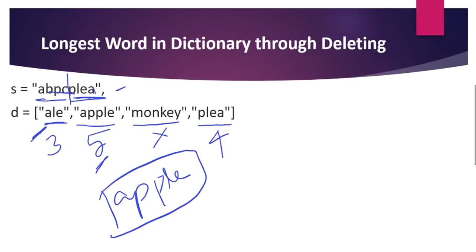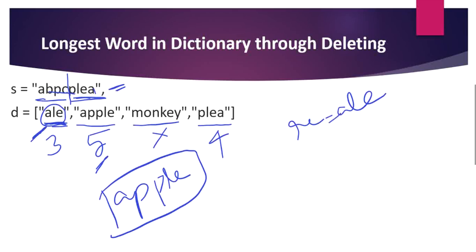Finally, return the longest word that has formed. For example, for my word ALE and comparing with my string s, the longest common subsequence that can form is ALE itself. That means you can form the word ALE from the given string s. So I added ALE to my result first.